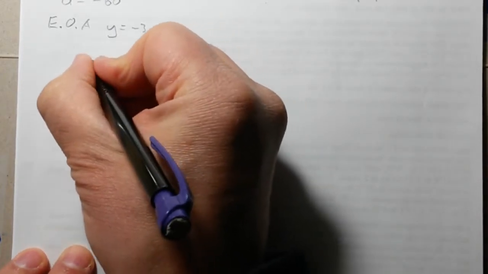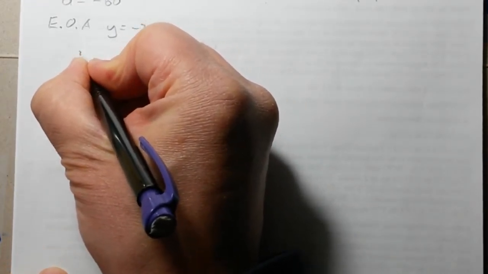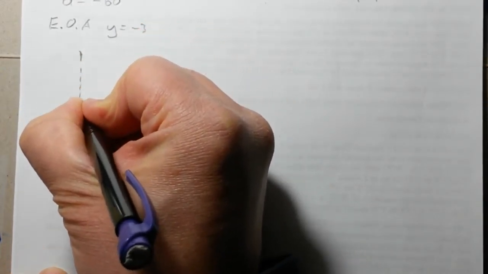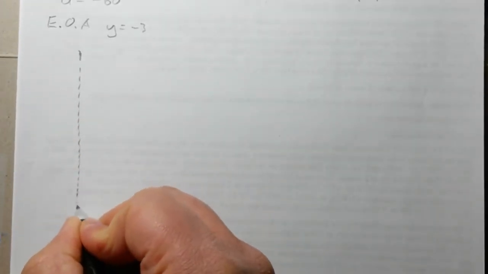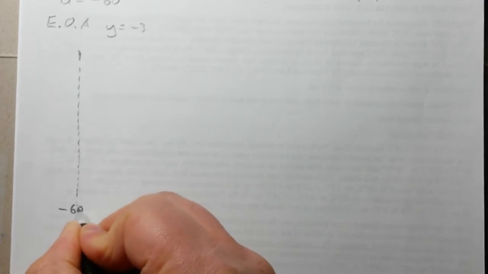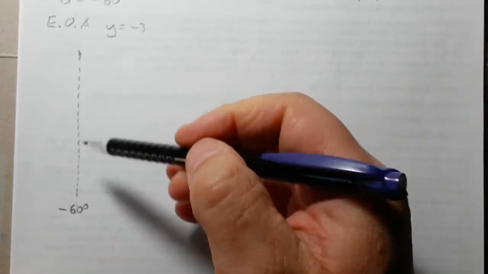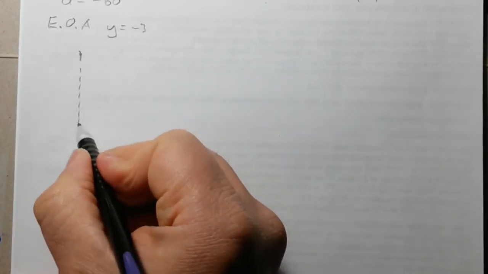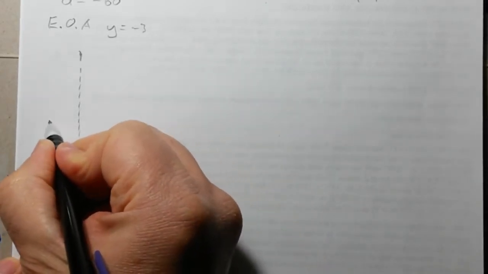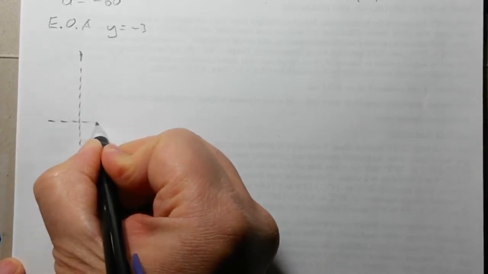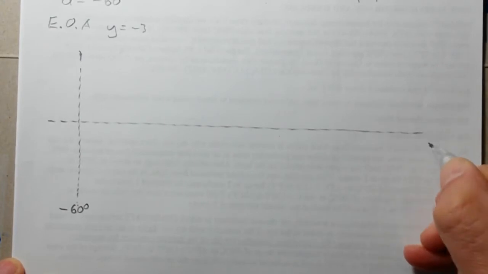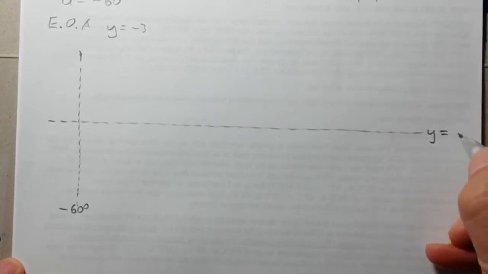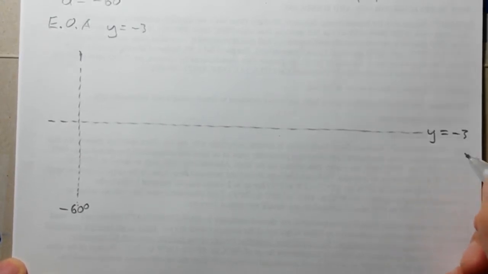I like to do it this way: a dotted line, and you label this as negative 60 degrees. Then we also have the equation of axes, which will be negative 3, so let's put it halfway in the middle. y equals negative 3.